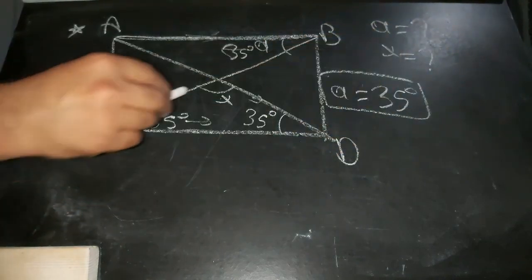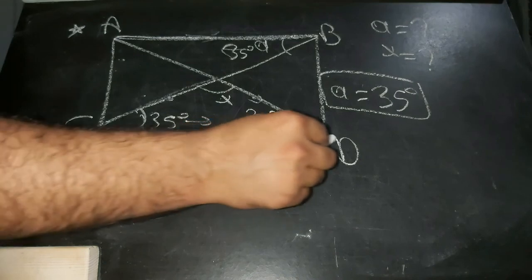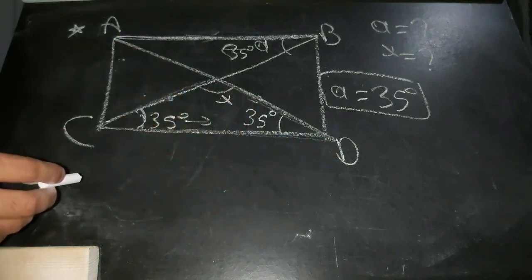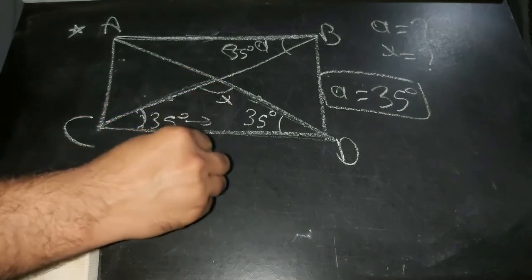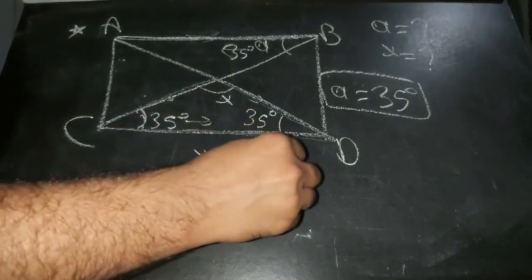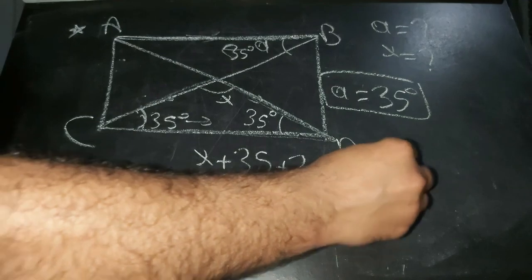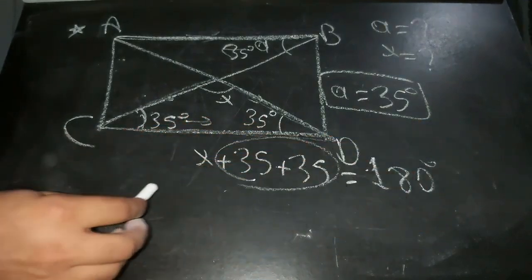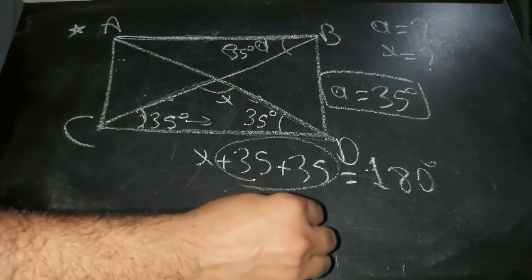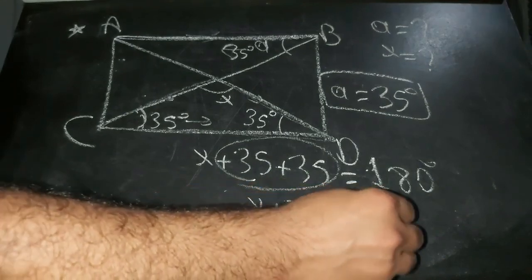So now I see there is the triangle. The sum of interior angles of triangle is 180. X plus 35 plus 35 equals to 180. Add them up, that will be 70. X plus 70 equals to 180.